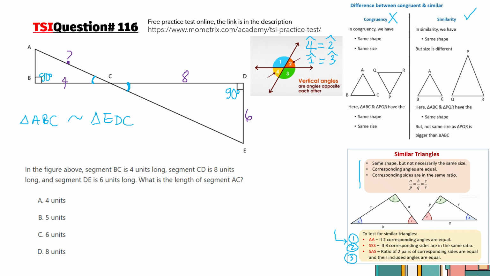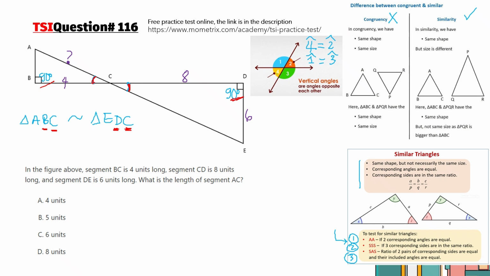You see that angle C is equal to angle C on this side. That's why we write it at the last position here. The 90 degree angle corresponds B to D, so you write B and D in the middle. And then the rest is A and E.